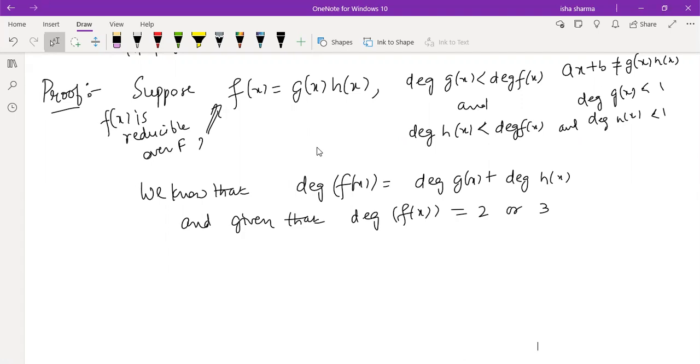Use all the information which you have now. So if degree of f(x) is 2, what are the possible degrees of g(x) and h(x)? 1 plus 1 will make 2. Yes, 1 plus 1 is the only possibility, because 2 can be written either as 0 plus 2 or 1 plus 1. But 0 plus 2 is not possible, because then the degree of h(x) would be the same as the degree of f(x), but both must be strictly less. So the only possibility is 1 plus 1.